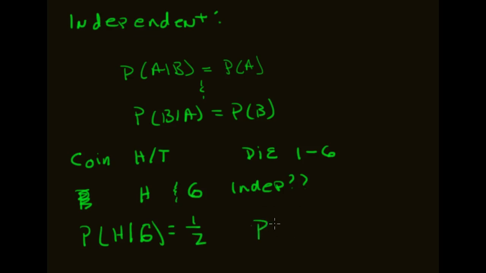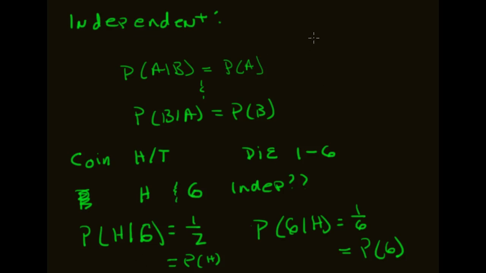The probability of getting a 6, given that you had a heads on the coin toss, is still 1 in 6, right? And this happens to be equal to the probability of getting heads all the time, and the probability of getting the 6 all the time.